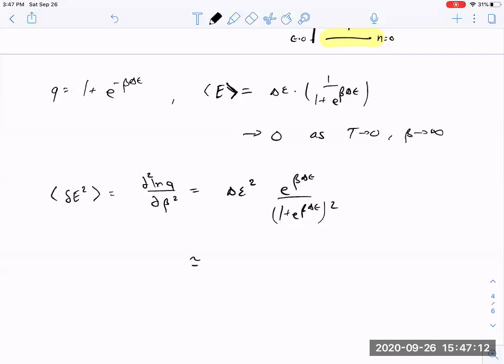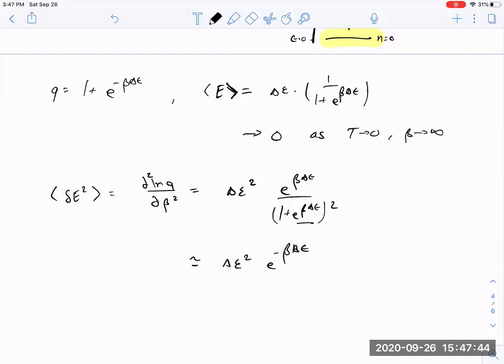If beta is really, really large, the exponential part of that denominator is going to overwhelm the 1, and I will arrive at the fluctuations in the energy being just that gap squared times a factor of e to the minus beta delta epsilon. I get the two factors from downstairs.